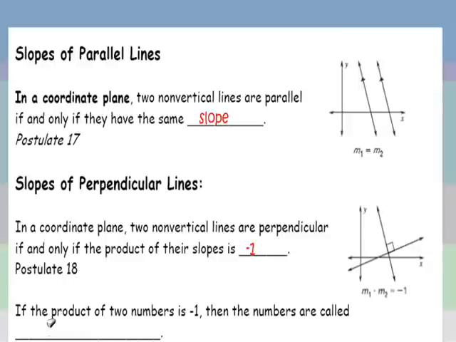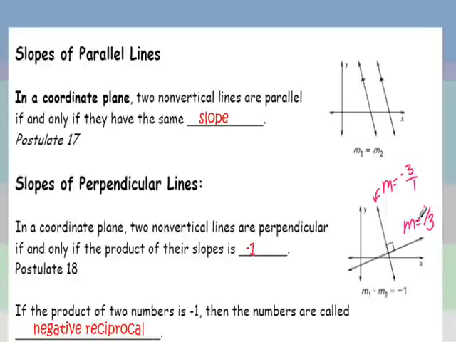And the way I like to think about it more than the product of the slopes is -1 is that they are negative reciprocals or opposite reciprocals. So for example, if one line, let's say this one, has a slope of 1/3, positive 1/3, then this line right here would have a slope of -3/1. The signs are opposites and they are reciprocals of each other, so they are flipped.